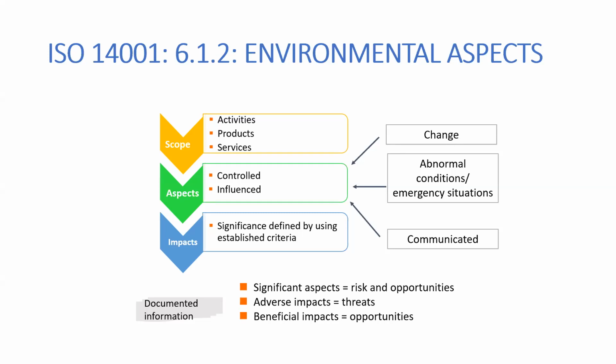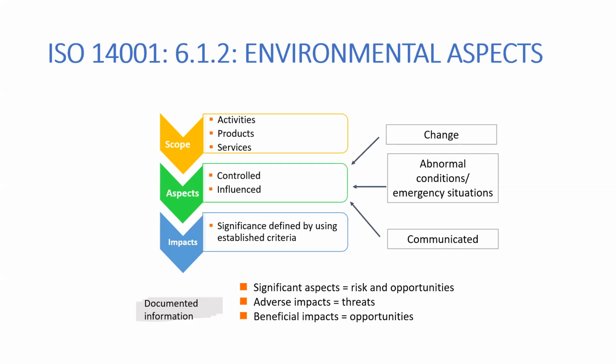And then what are the products which you are going to prepare there, and what are the services? If you are providing any services, in this case you will be considering your services. So whatever activities are going to be included in our scope, we will be considering them as an aspect.